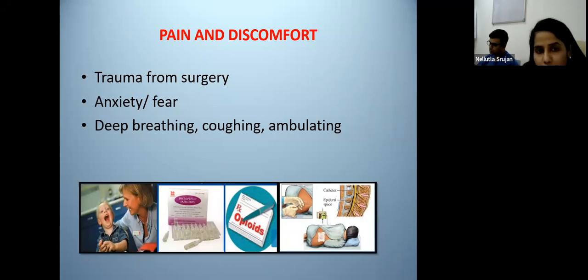When we look into pain, we have different types of scales which are used in various organizations. Some of the scales we use here are the numerical scale and the Wong-Baker scale. It depends on how you interact with the patient and know the level of pain.